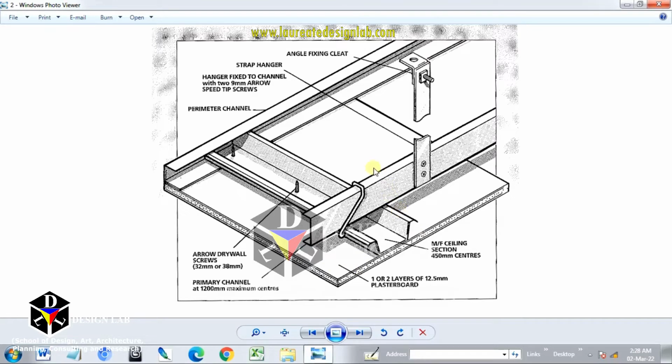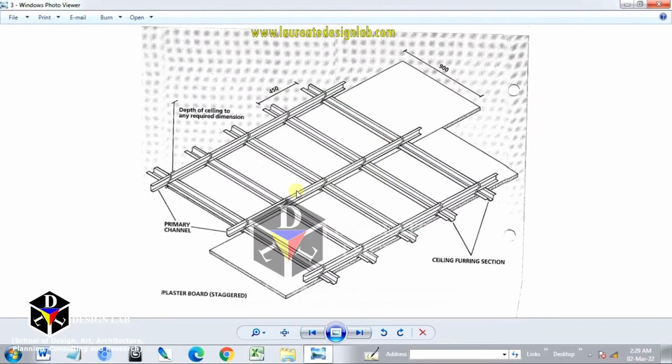So the false ceiling could be level 1, in which the grid system or the framework is of just one level. Means the way we see here, furring channels and then the C channels. Look at it here.